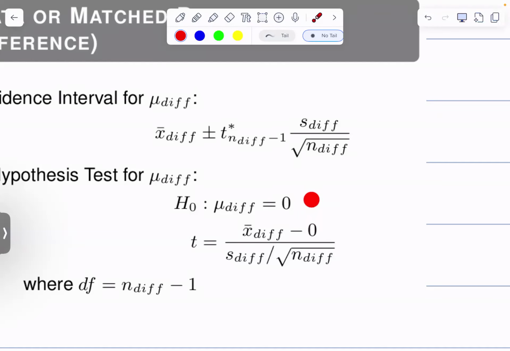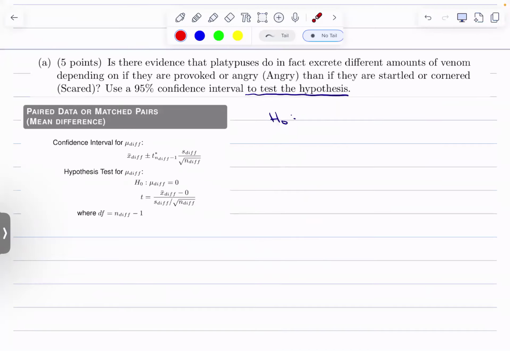Once you've decided that you have paired data, then you know your null hypothesis has to be mu diff equals 0. For the alternative, we are only able to use a confidence interval for a two-sided test, because it has to be symmetric.